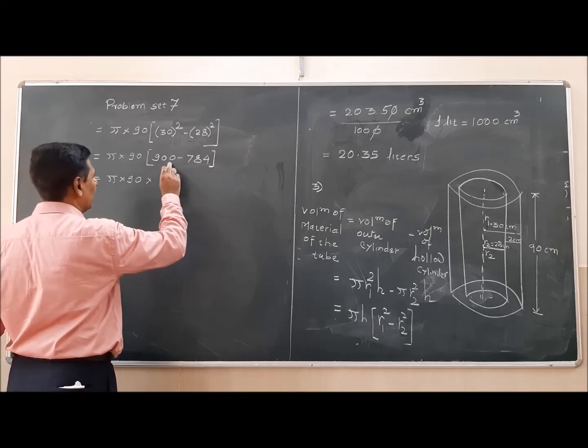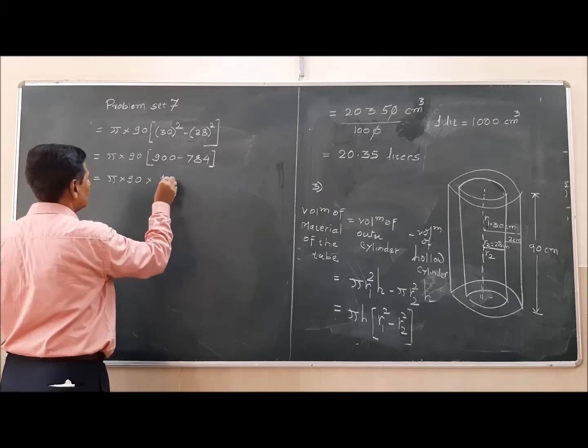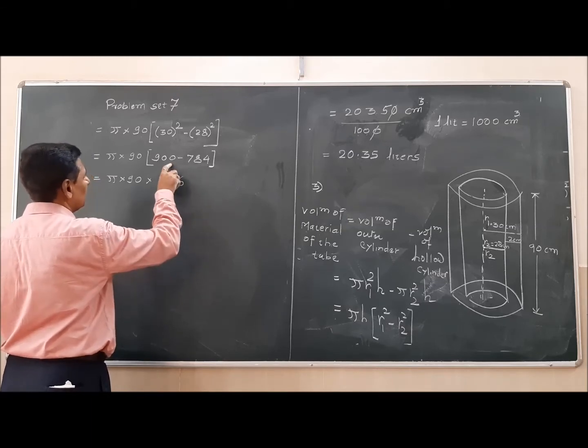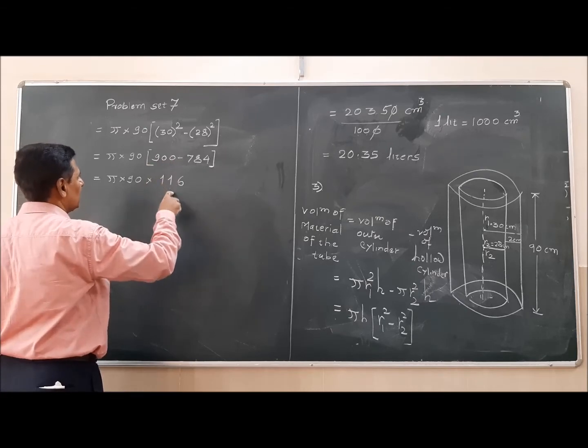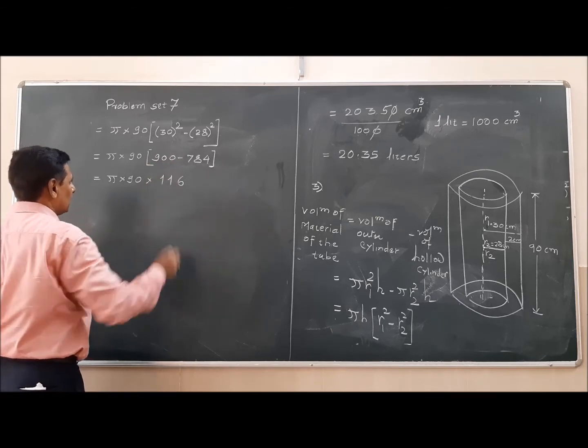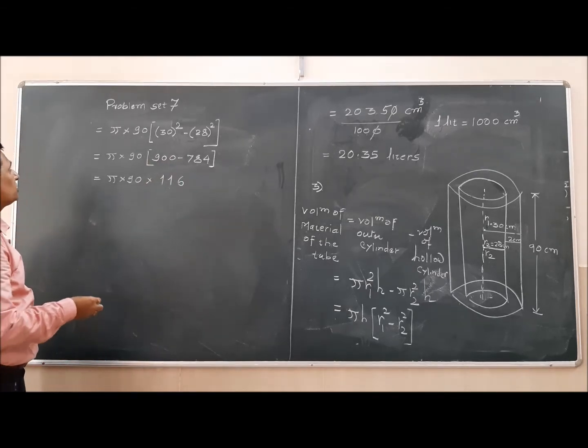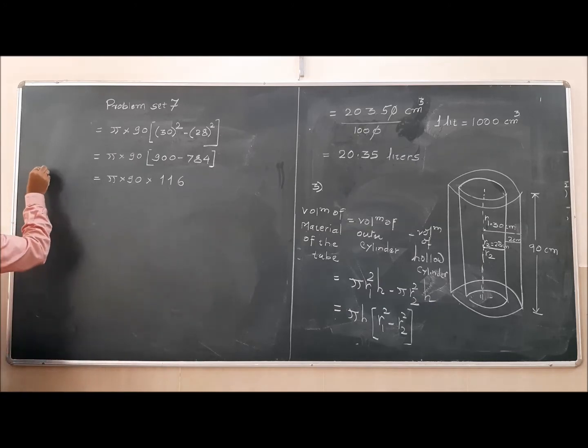So naturally you will find it as 116. 10 minus 4, 6, carry 9 plus 1, 9. 10 minus 9 is 1, and 116. So this is the volume of material of the tube.